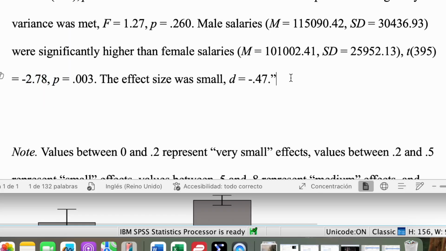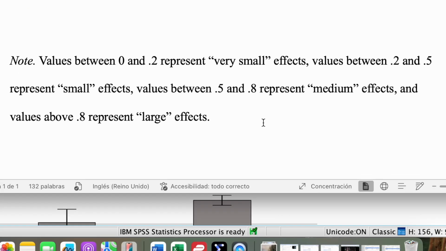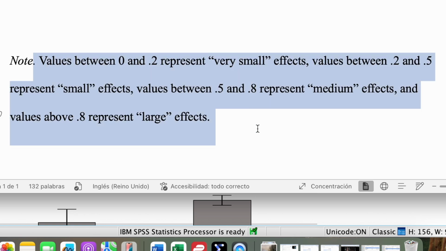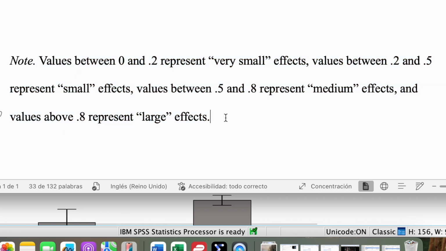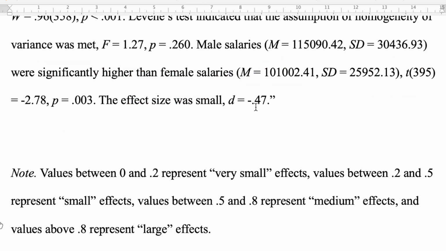And I've said that that was small based on these criteria here, where 0 to 0.2 represents very small, 0.2 to 0.5 represents small, 0.5 to 0.8 represents medium, and anything above 0.8 represents a large effect. So this value of 0.47 falls between 0.2 and 0.5, and that's why I'm describing this effect as small.